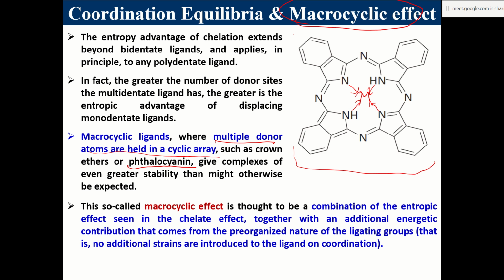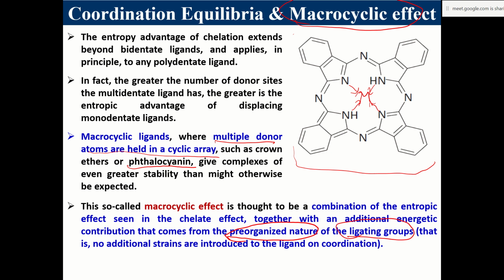In addition to that, there is no new ring being formed between before the reaction and after the reaction. The ring was already there, so there is no additional strain due to the formation of the ring, which was there in the previous case. So it is the pre-organized nature of the ligating group.